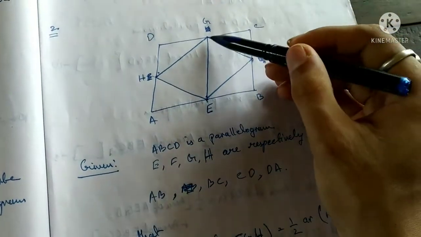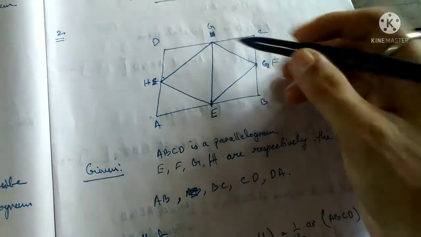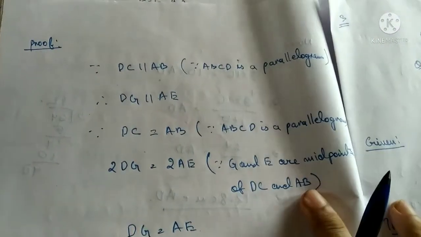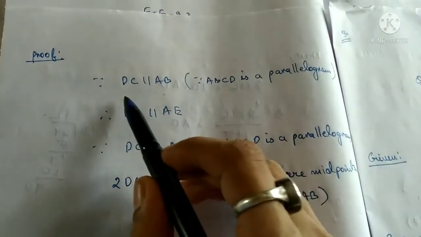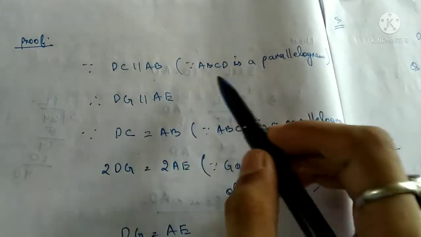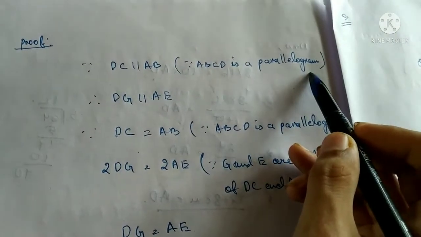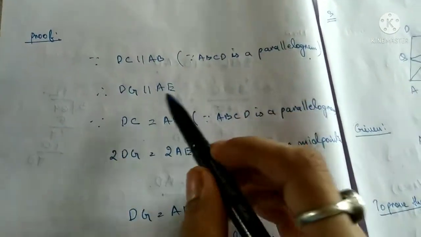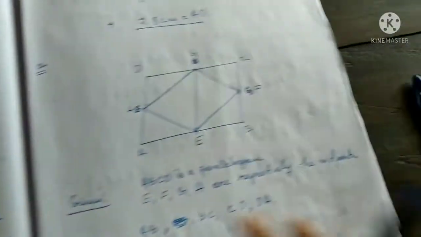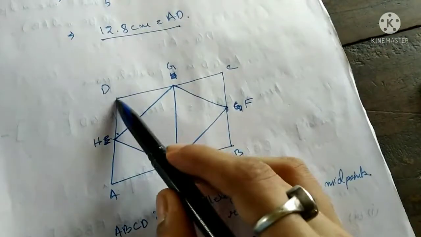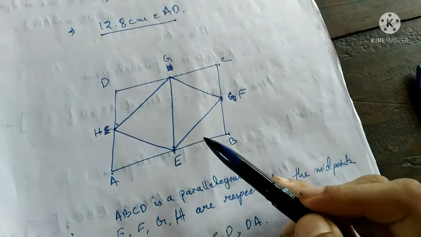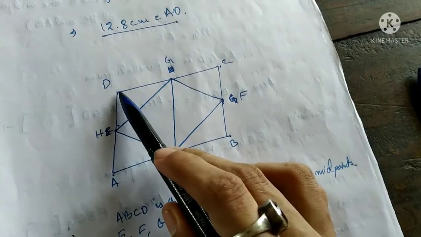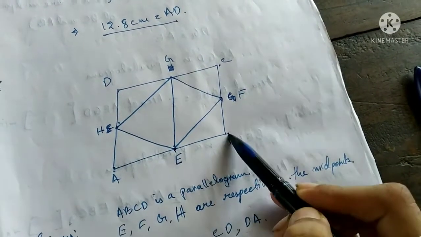So in here I will do a small construction. This is join GE I will do. Finished, and then I will start the proof. Since DC is parallel to AB, since ABCD is a parallelogram, DC will be parallel to AB.